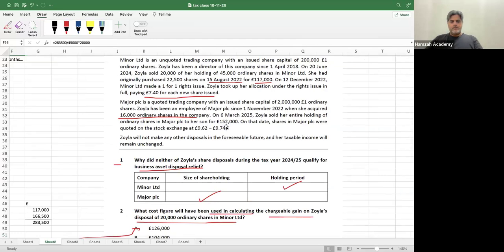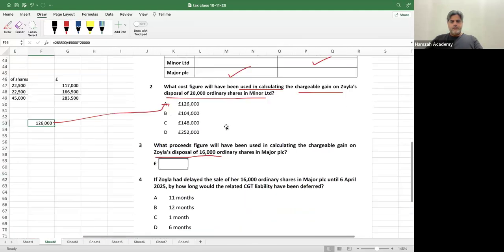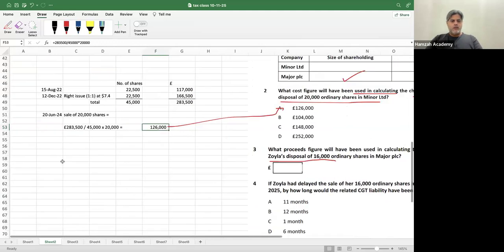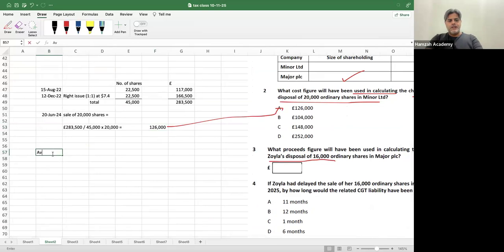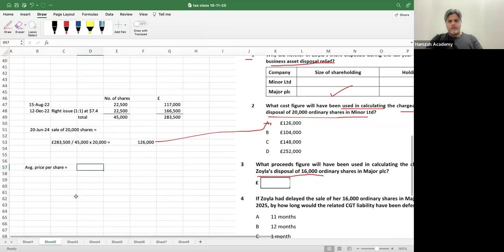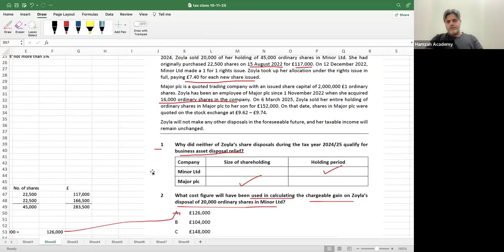Okay, now this has been sold to 152,000. Now I have to go for the proceeds which have to be used in calculating the chargeable gains over here. So we will have to see the average price per share. 9.62 to 9.74.